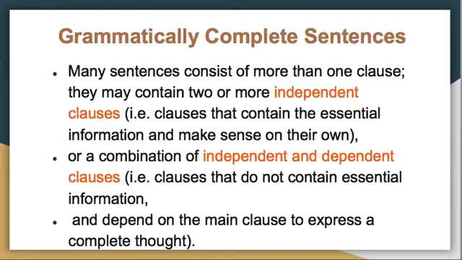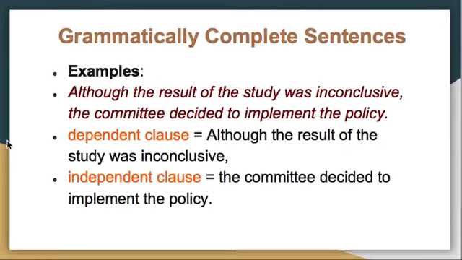The word independent shows that it can make sense of its own, and a sentence can be a combination of independent and dependent clauses. Dependent clauses do not contain essential information and depend on the main clause to express a complete thought. This example will clarify the dependent and the independent clause.